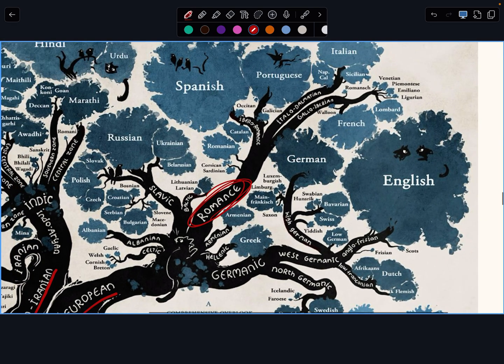Now, what kind of stems out from that? We've got Spanish, Portuguese, Italian, Sicilian, French over here, and Romanian. Those are like the big ones. But that all stems from Latin. Those are separate languages, though, right? Like a French speaker and a Spanish speaker today are different.